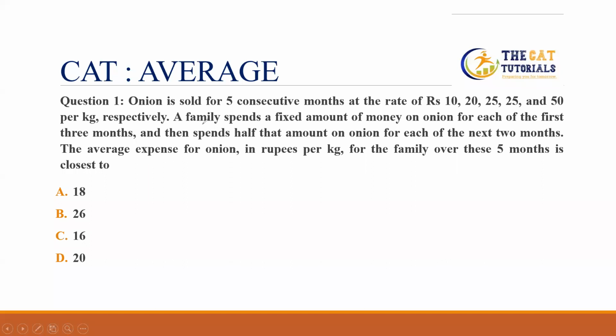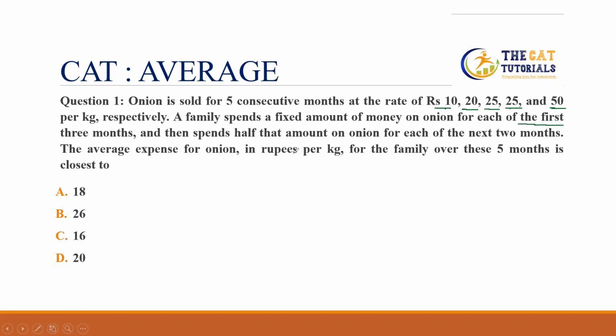So the question is, onion is sold for 5 consecutive months at the rate of rupees 10, rupees 20, rupees 25, again rupees 25 and 50 per kg respectively. A family spends a fixed amount of money on onion for each of the first 3 months.